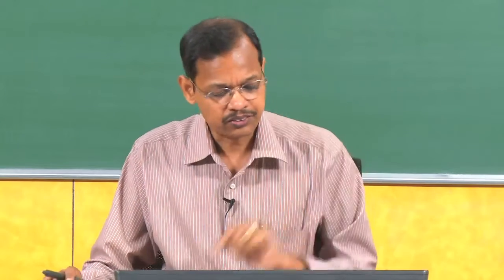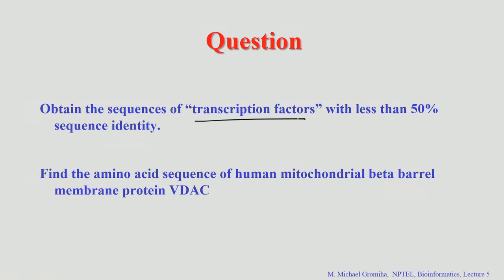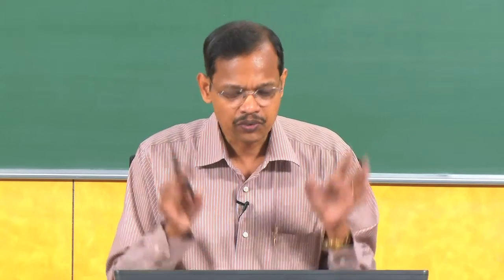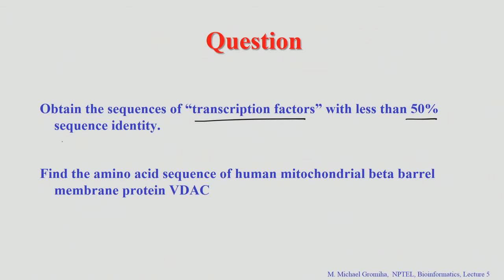Now I have two questions. The first question is, obtain the sequences of transcription factors with less than 50% sequence identity. Transcription factors are DNA binding proteins, right, they have specific functions. To understand the features of these transcription factor sequences, I would like to collect the sequences of transcription factors and reduce the data to 50% sequence identity.